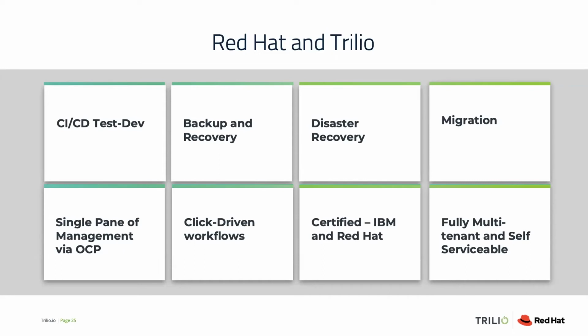It's a certified operator, both by IBM and Red Hat, meaning that if you're using Trilio and OpenShift GitOps together, you are completely under the supported umbrella and having the backing of both Red Hat and Trilio. You also get the multi-tenant aspect of it and the self-service aspect that you can pass on to developers or tenants onto the cluster. Next slide.